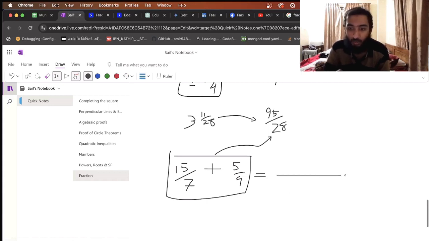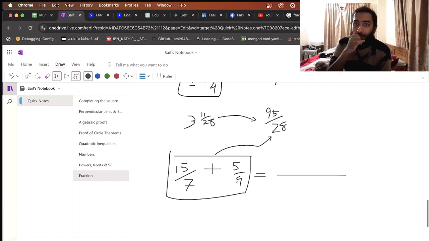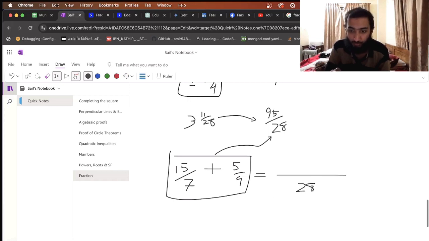Taking a common denominator for 7 and 4, we can take 28, because 28 can be divided by both 7 and 4. 28 divided by 7 is 4, so 4 multiplied by 15 is 60, plus 28 divided by 4 is 7, and 7 multiplied by 5 is 35.